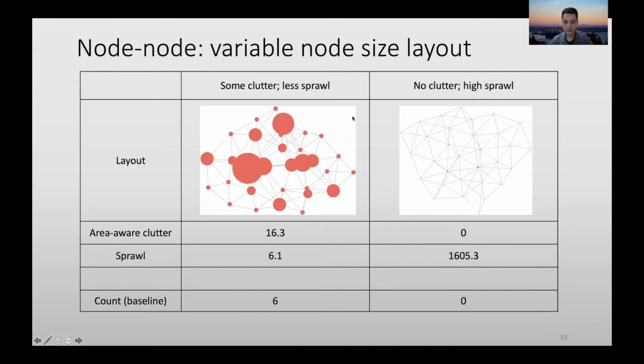But for sprawl, the first one is much less than the right one. When we combine the area clutter and sprawl, we can see that the Sprawlter metric for the first one is 10, for the second one is 40. So this metric actually reflects the quality of these two layouts.